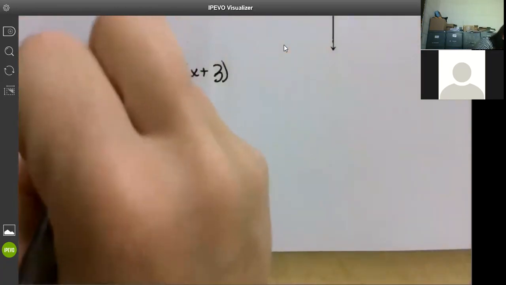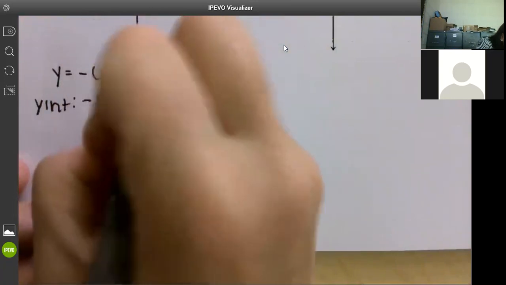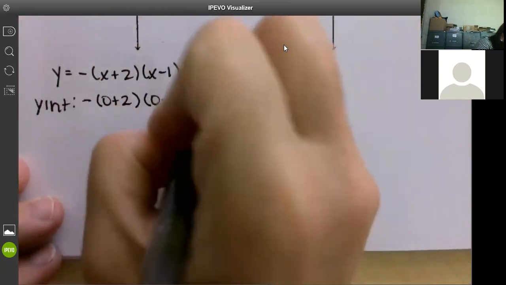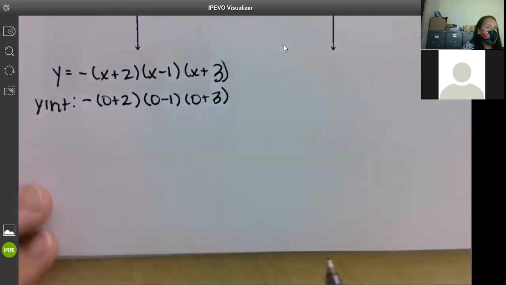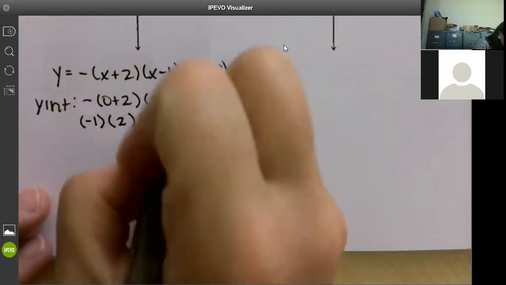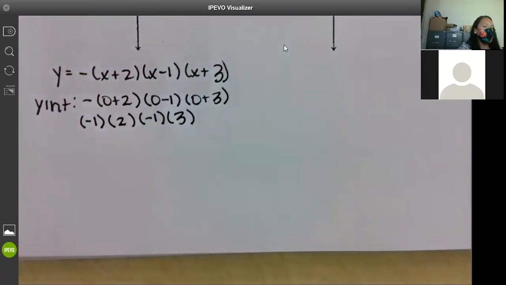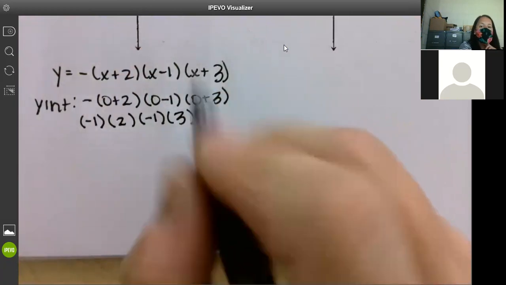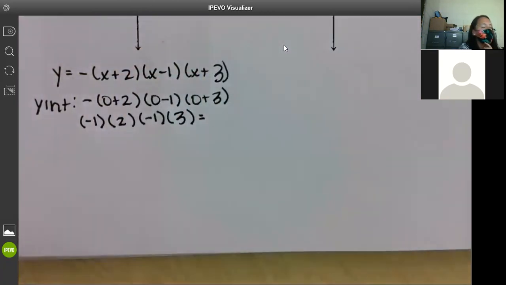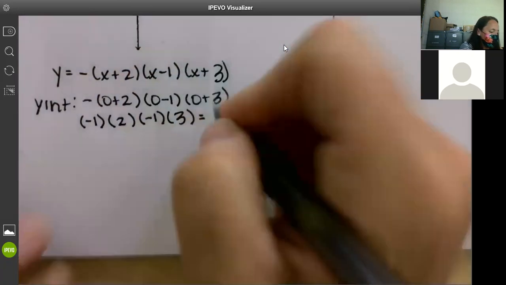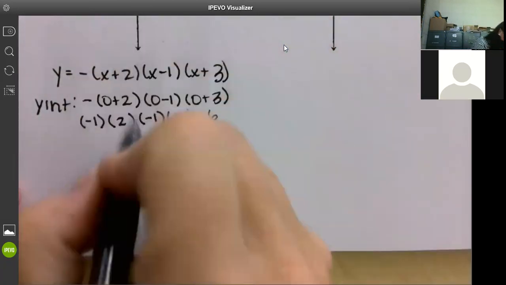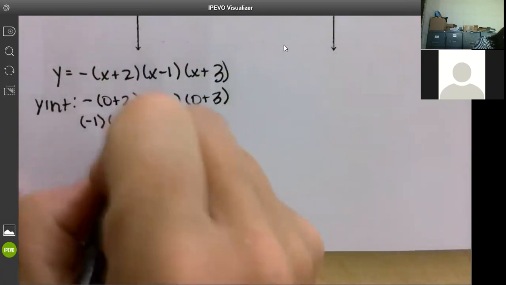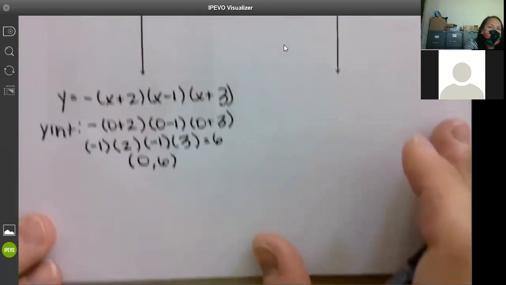So -0 plus 2, 0 minus 1, 0 plus 3. So we have -1 times 2 times -1 times 3. What is our y-intercept? What is our y-intercept? 6. What's that coordinate? 0, 6. Okay, so I'm going to plot that.